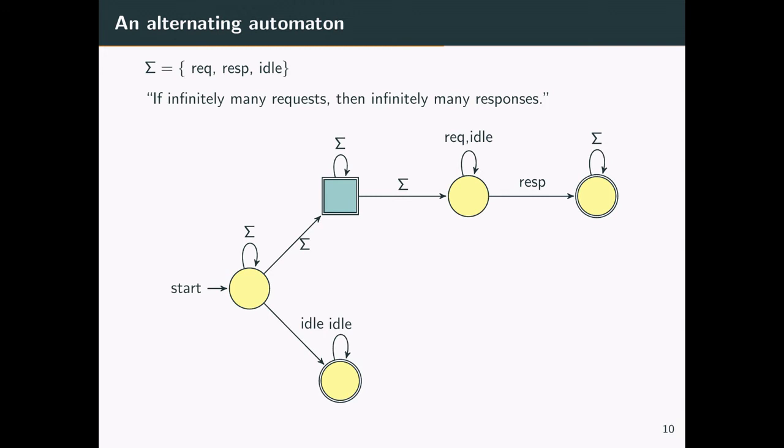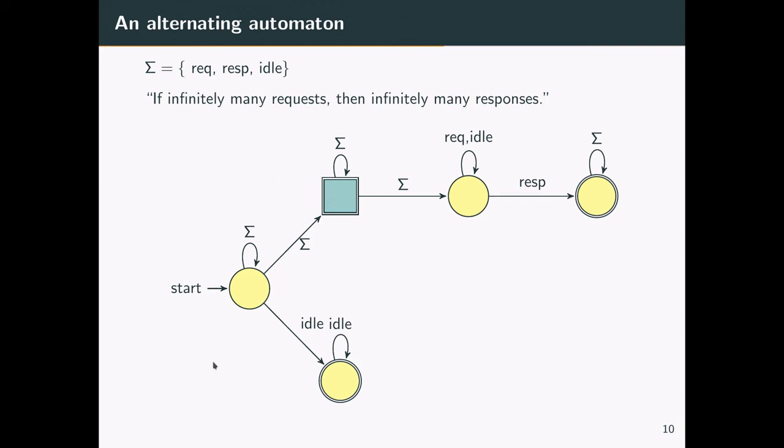In alternating automata, where we have both non-deterministic and universal choices, acceptance comes from a game between a non-deterministic player, which tries to force the word to be accepted by resolving the non-deterministic choices, and a player that controls the universal choices, who is trying to get the word to be rejected.